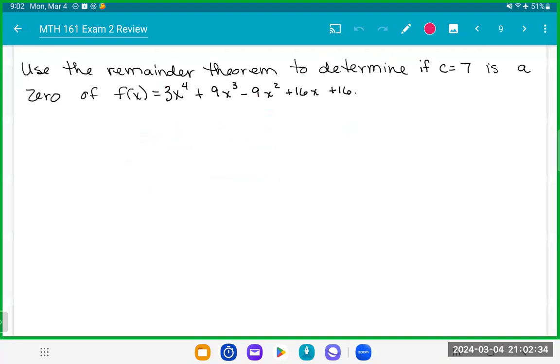Okay. Now let's look at the remainder theorem. So in this case, we want to know, is C equal to 7? Is that a 0 for this, right? So in this case, you want to use synthetic division. Do synthetic division, and if the remainder equals 0, then it's a 0.